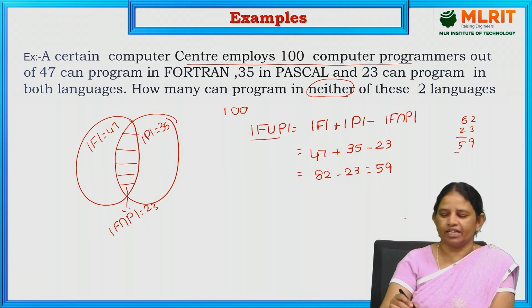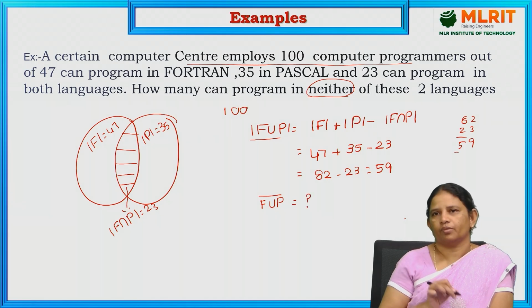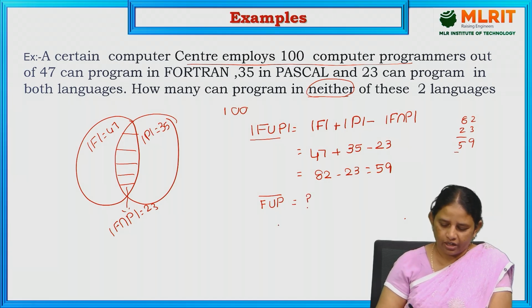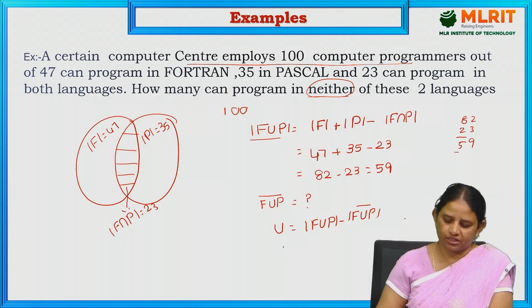But the question is neither of these two languages, so we need to find out F union P bar. How to find out? We need to subtract from the universal set.